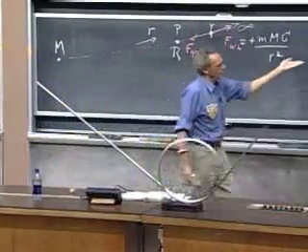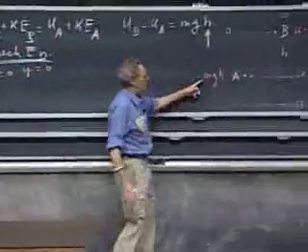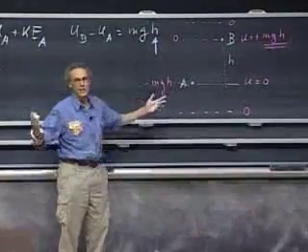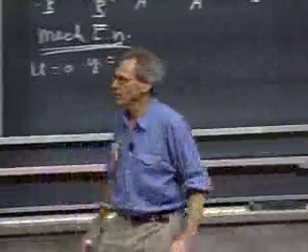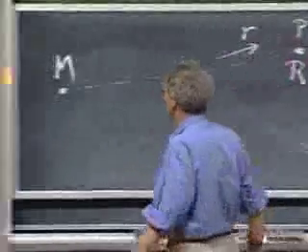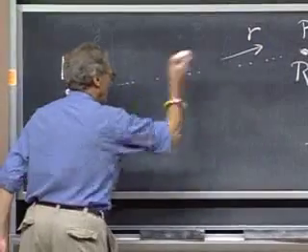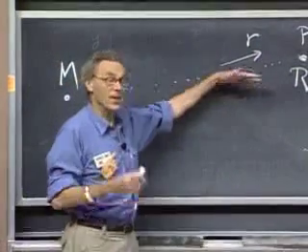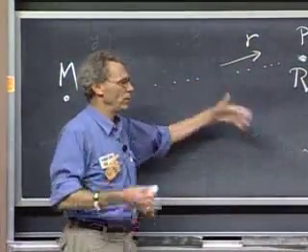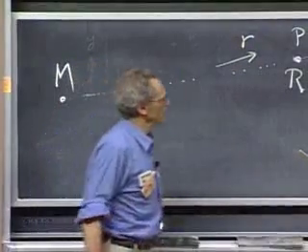Remember that depending upon how you define your zero level here, you also end up with negative values for potential energy. So there's nothing sacred about that. What is important, of course, is that when we move away from this object the gravitational potential energy increases. That's all that matters. But whether it is negative or positive is irrelevant.